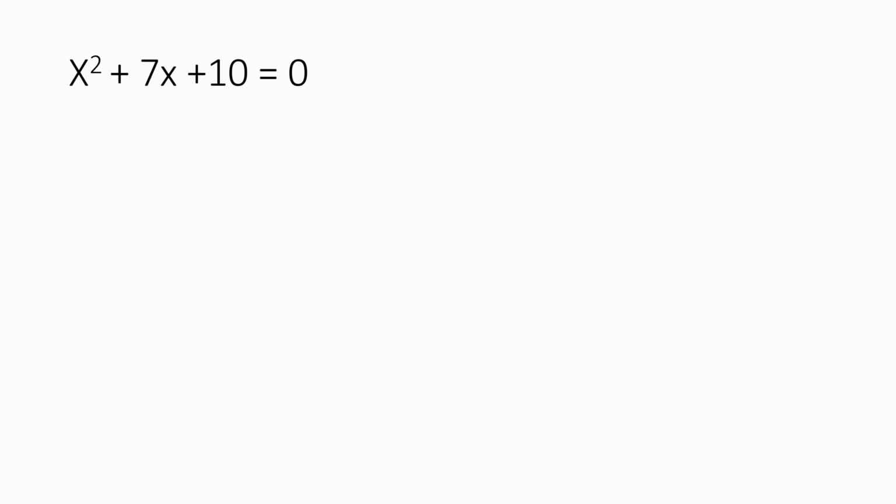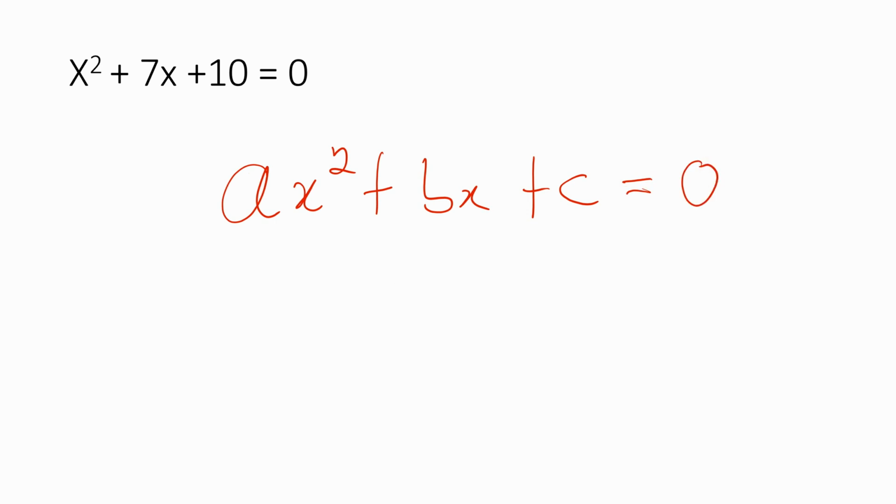To be able to apply the quadratic formula, you need to make sure that the equation, in whatever form it is given to you, can be represented in the standard format. And the standard format for a quadratic equation is ax squared plus bx plus c equals 0.